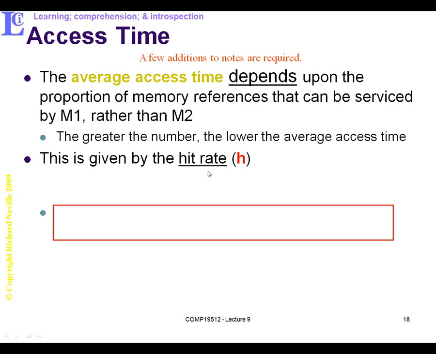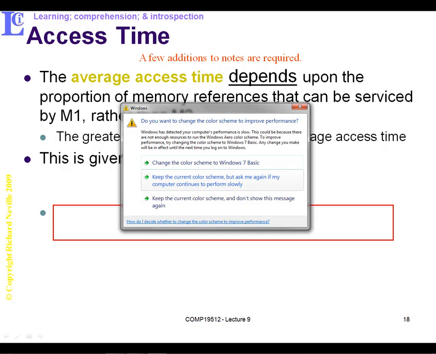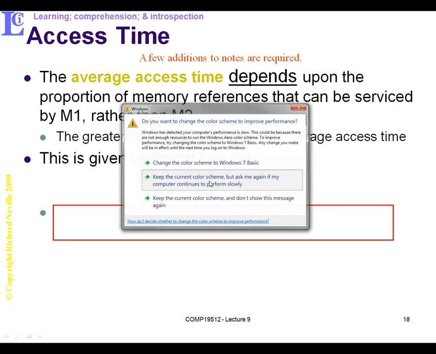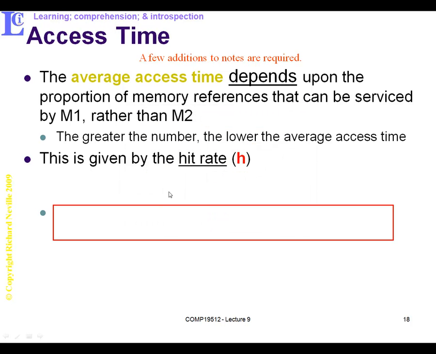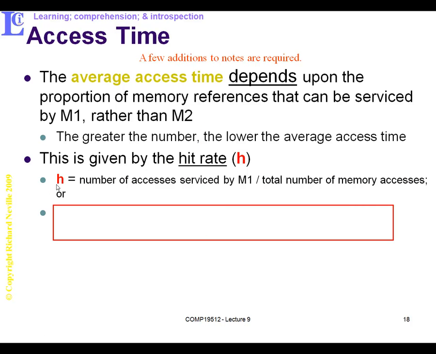So let's move on. Now we've got this concept of hit rate is aligned to addressing M1 and the data is in M1. So hit rate is the number of accesses serviced by M1, primary memory, divided by the total number of accesses.